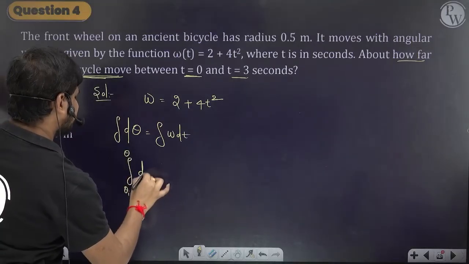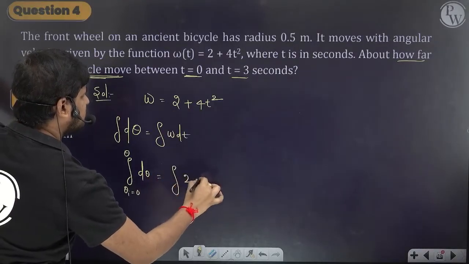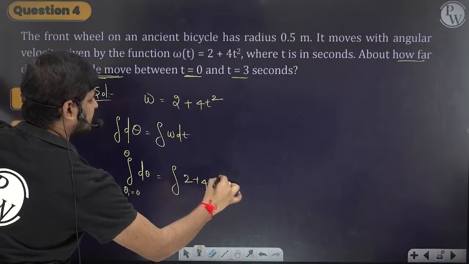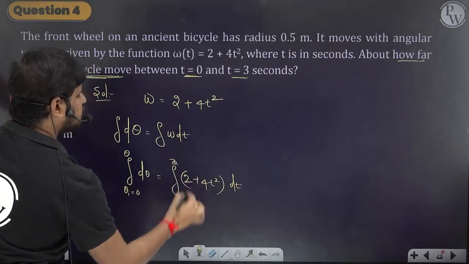So the integration of d theta, and integration of omega, in place of omega we write 2 plus 4t square, into dt, from t equals 0 to 3 seconds.